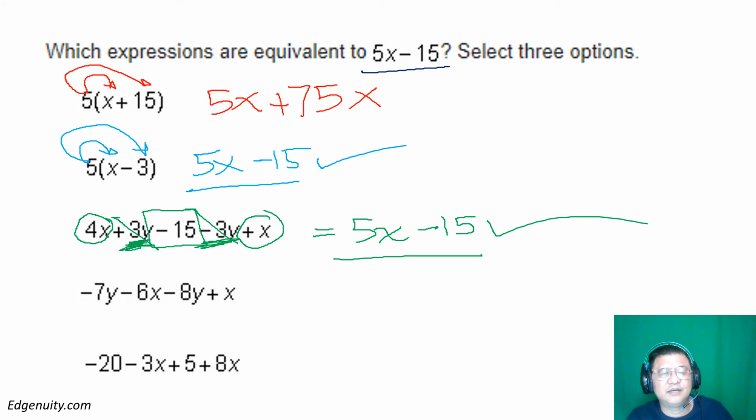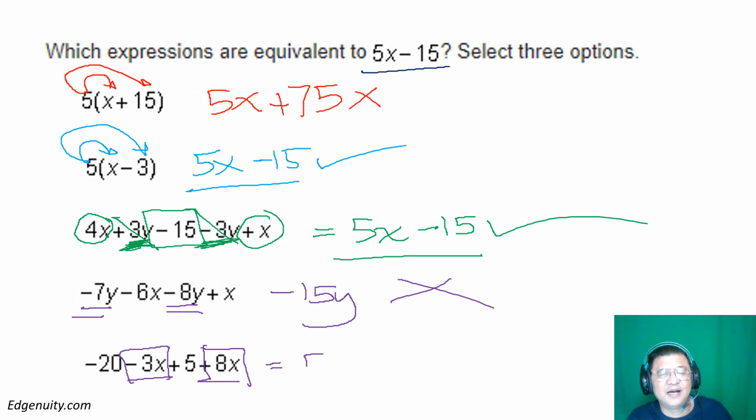Next. Easy, right? Let's try the next one. We have 7x, negative, and negative 8y. So negative and negative, negative 15y. You don't need to continue because there is no y in our original expression. So forget that. Okay, next. The x and the x can be combined. So 8 minus 3 is a 5x.